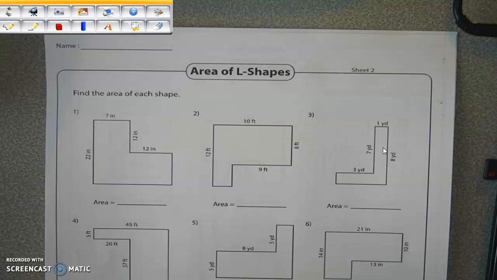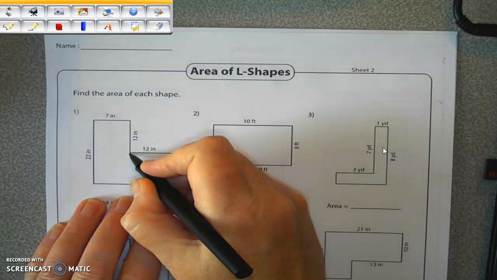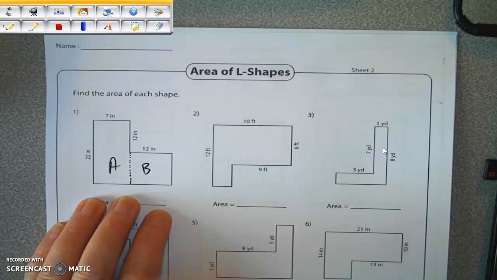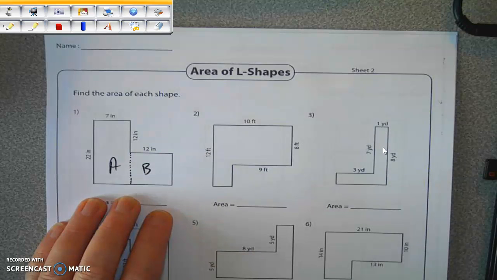And I want to do one or two of these with you now before we finish up so that when you get to doing the worksheet, you know what to do. These are L shapes. And again, you just chop them into 2 pieces to find the area. The thing is that they haven't given you the lengths the whole way around. They've only given you some of them.